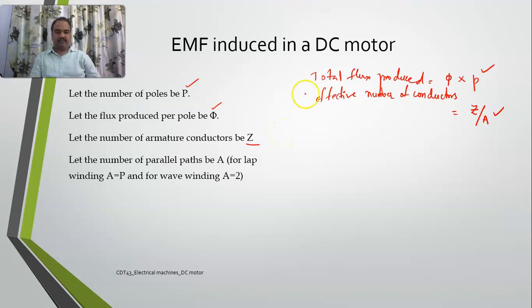Now I'll assume that these conductors are cutting the flux with the speed of N. So then what will be the EMF developed or produced per conductor?